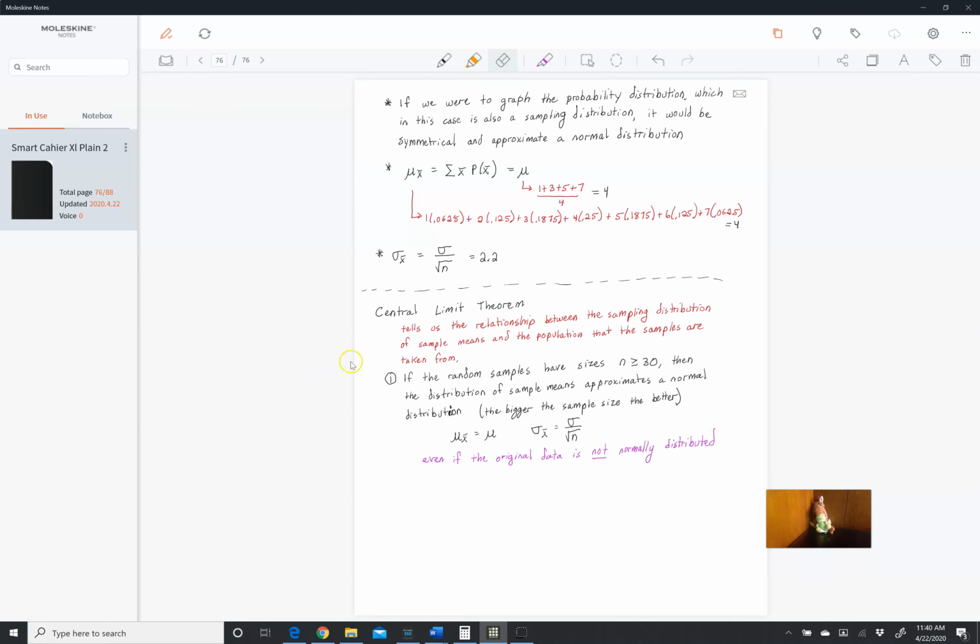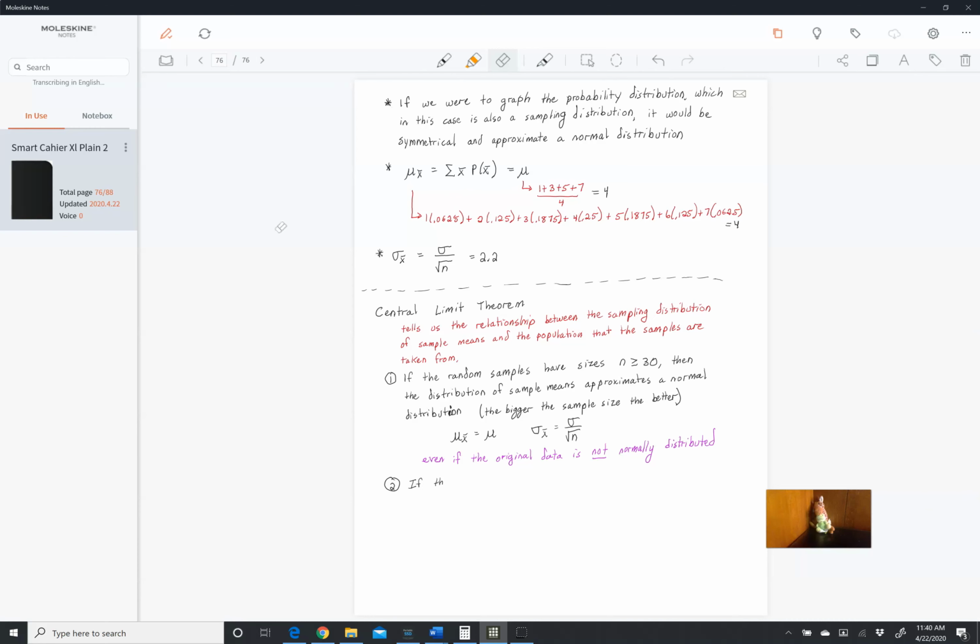Okay, so again, here we're saying if we're pulling out samples from the population that are bigger than 30 people or 30 things, 30 objects, whatever it is, then when we take the sampling distribution of the sample means, we're going to get a normal distribution. Okay, the second piece is if the data is normally distributed, we don't care about the sample size. The sampling distribution is a normal distribution.